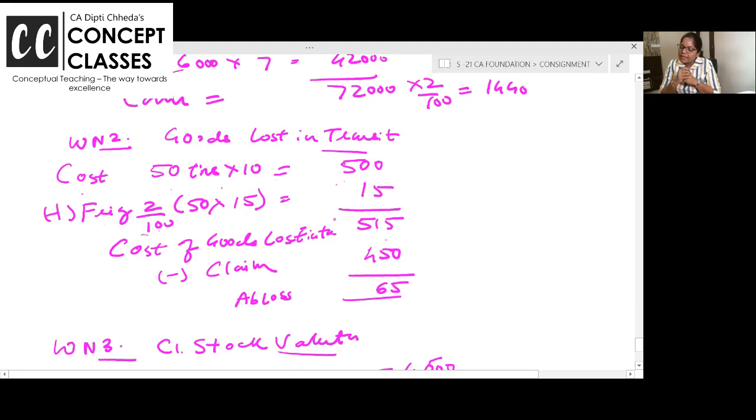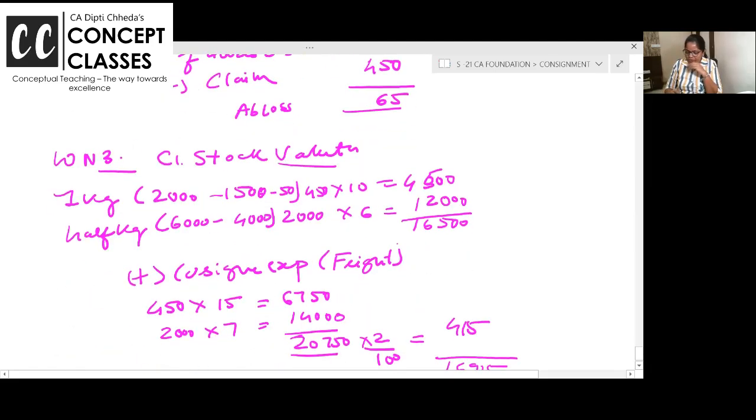One case containing 50 kg was lost in transit. Okay, good. Freight is paid by the consignee, but it is an on-road expense, right? So if the goods are lost in transit, freight should be taken because it is an on-road expense. We will not take consignee's expense. Claim is 450, 65 is loss.